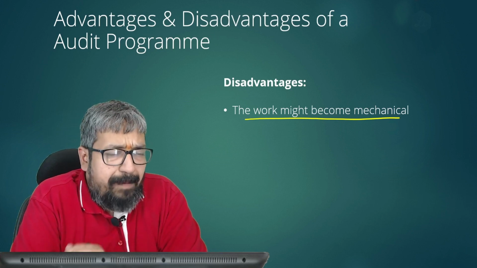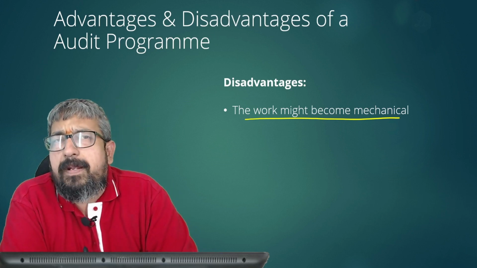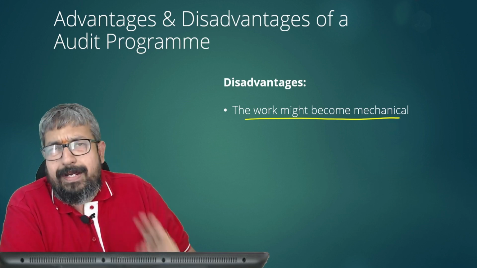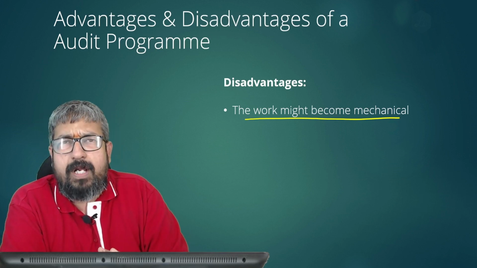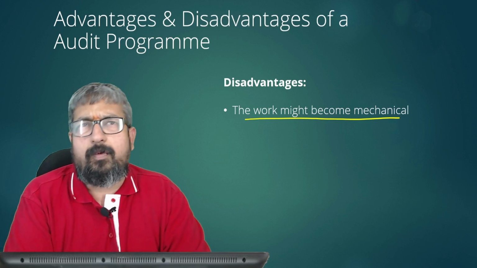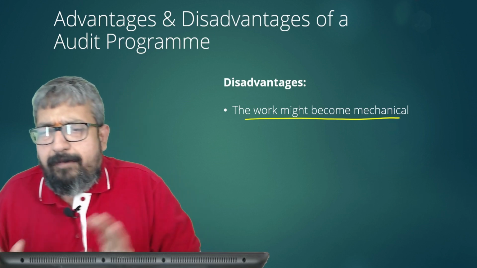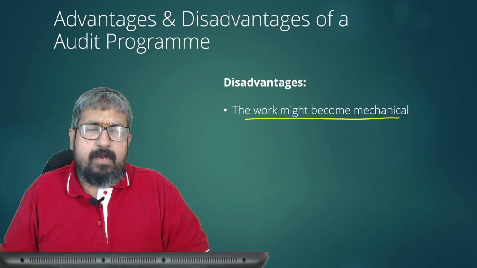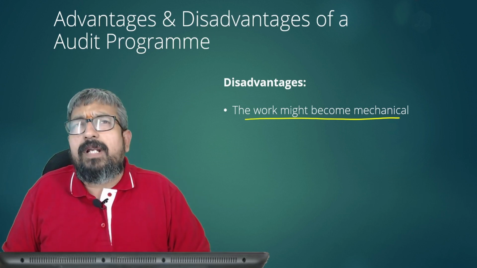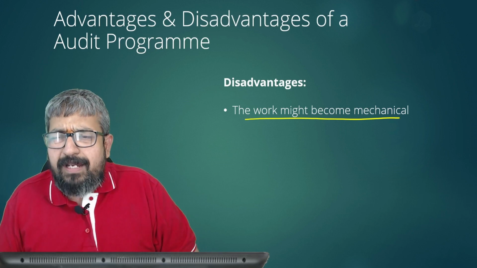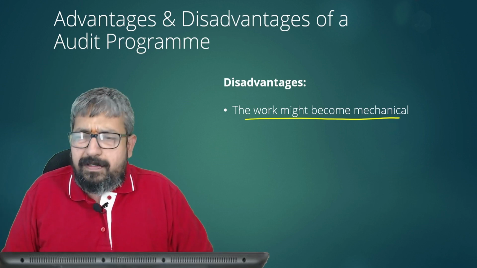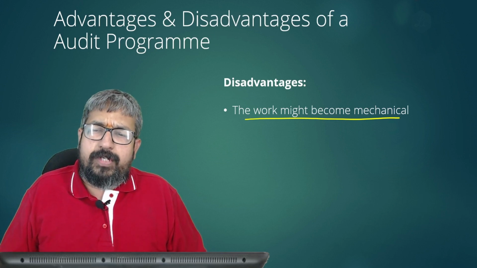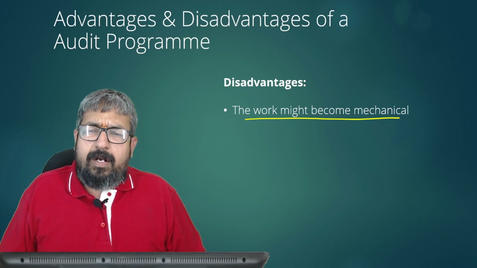Now, what happens, my dear soldiers? Why does it become mechanical? Because you will have a checklist, you will have an audit program, and you will follow that audit program only. You will not go left and right. You will always follow that audit program, and that is a big disadvantage. Suppose any new development happens, you are not concerned about the new developments or new changes, so you will not be concerned at all.